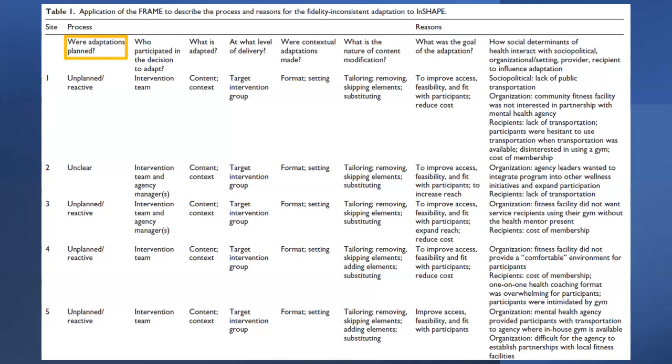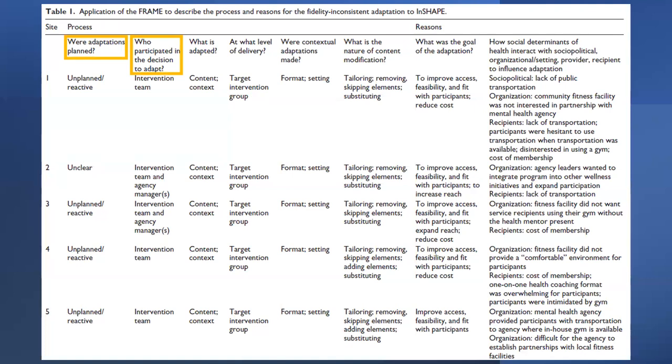The first one, they looked at whether it was planned, so intentionally occurring in advance of the implementation by design, or if it was unplanned and reactive. That means it occurred during or after the implementation without advanced planning. You can see here, the adaptation was primarily unplanned and in response to challenges that occurred while implementing InShape. There was one site where it was unclear, but the other 4 sites, it was an unplanned adaptation.